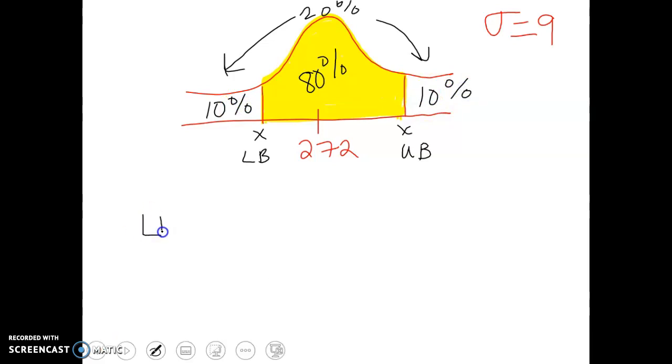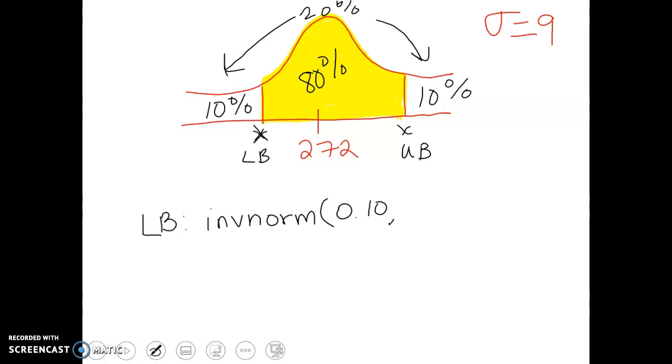So for the lower boundary, we're going to do Inv Norm. We're going to put in the area to the left of the lower boundary, which is 10%. Now, we wouldn't put it in as a percent, we'd put it in as a decimal. So 10% as a decimal is 0.10. If you're unsure what that would be, just divide the percent by 100 and that will give you the correct decimal.